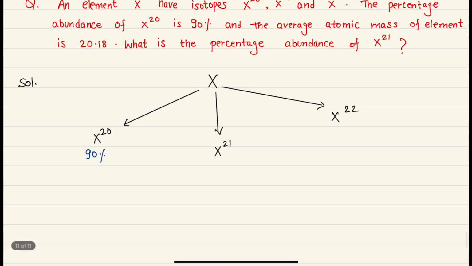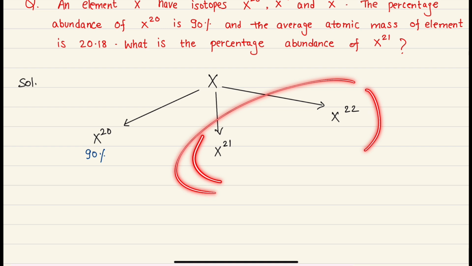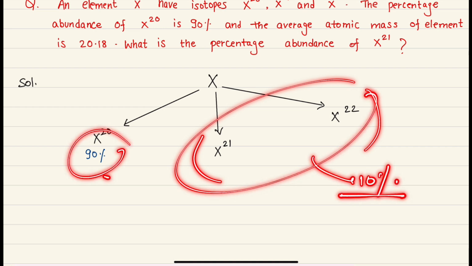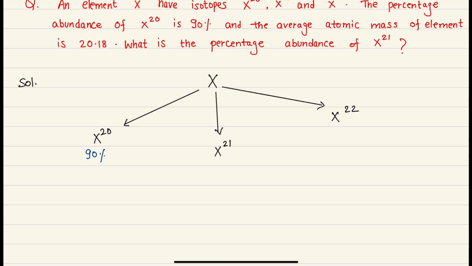This one and this one we don't know, right? But we know that total X is how much? 100%, right or not? And 90% is X20. Then how much is remaining? 10%, right? 90 plus 10, how much? 100%. Simple. So we'll suppose this is x percent, and this becomes 10 minus x percent.